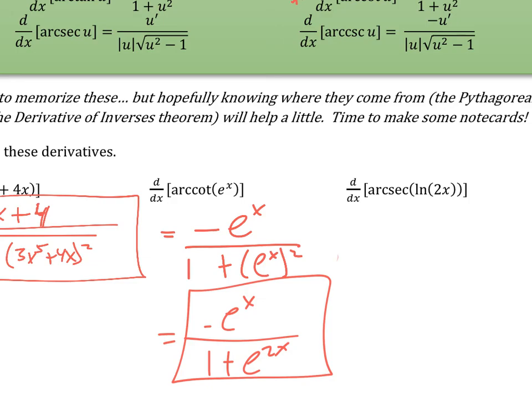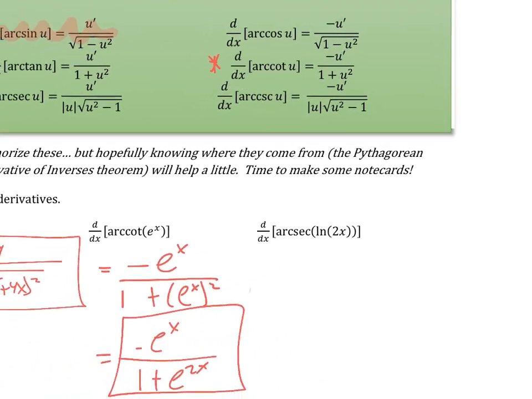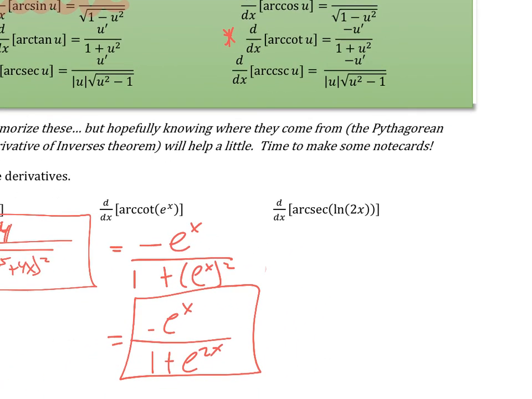Okay. And last one here, arc secant. Again, this one is a little more challenging, kind of a lookup probably, and look the formula up. And so we have the derivative of u, well, that's the derivative of the inside, which is a function itself. So how do you take the derivative of the natural log of 2x? Well, that's u prime over u.